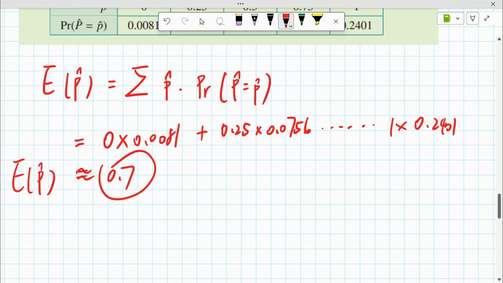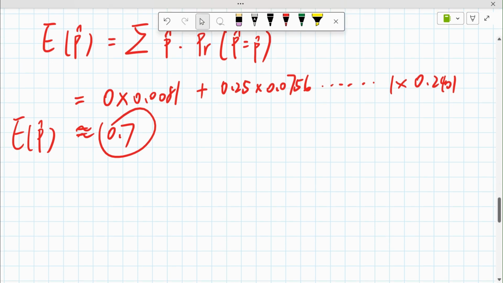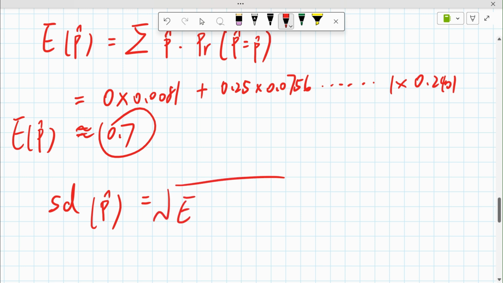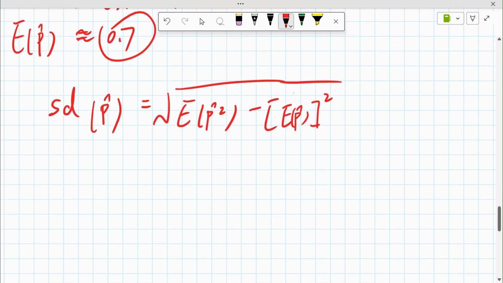And once you have that, you can find the standard deviation, using the square root of E of p-hat squared minus the mean squared. So we substitute in, but first we calculate E of p-hat squared.